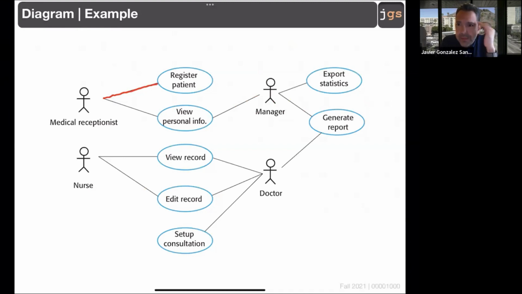Notice here, the line is basically to connect my actor, whatever your actor is, with some functionality that that actor is going to trigger. The medical receptionist is going to trigger the registration of a patient. The medical receptionist is going to trigger view personal information, and so on. Actor and requirement are connected with a simple, trivial line. They are associated.